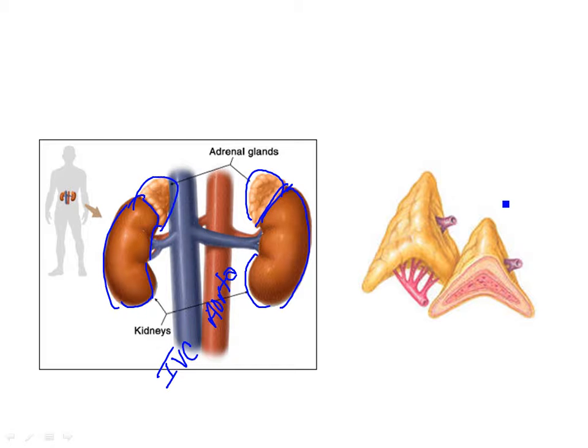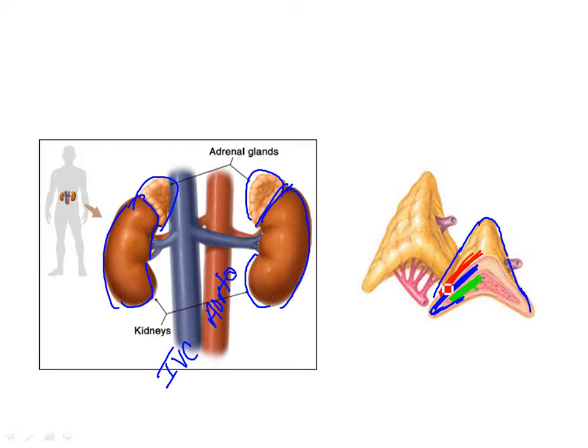Over here we have two adrenal glands that we've removed from the kidneys and simply done a cross section on them so you can see the two main areas, the outermost area being the cortex, and then the inner region, the medulla, and the very outermost covering is the capsule.